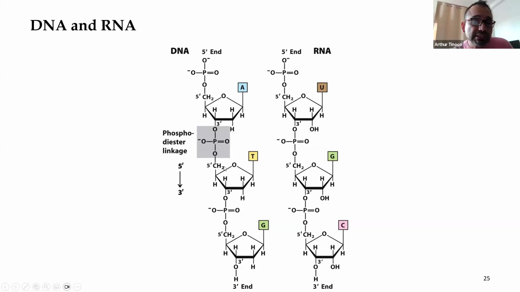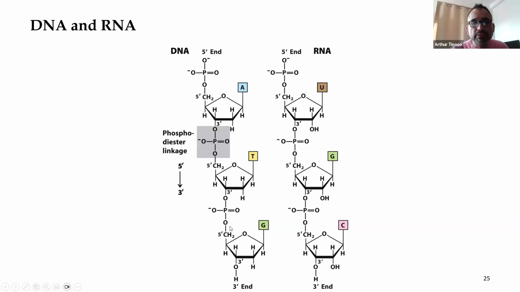Essentially what's facilitating that is a phosphodiester linkage between, in this case, this first 3' position to the 5' position of the neighboring nucleotide. And so it's very important when we're reading the sequence, because this is the primary level, that the way we read this is from the 5' end, and the 5' end is essentially where the phosphate group is connected to the 5' carbon of that nucleotide.